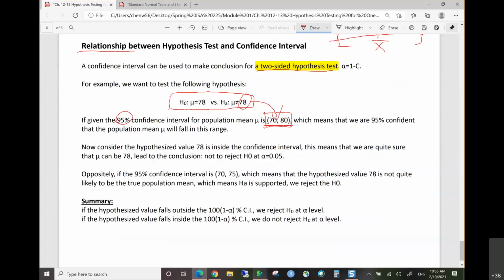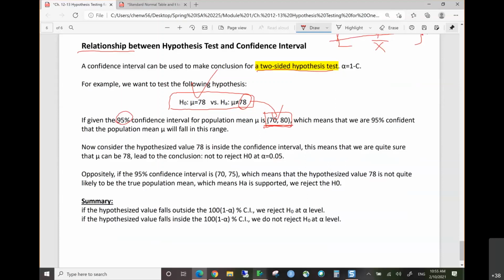So that means mu can be 78. That means you do not reject the null hypothesis, right? So that means we do not have enough evidence to support our alternative hypothesis. Mu can be 78, right? Because this 78 is inside this confidence interval.